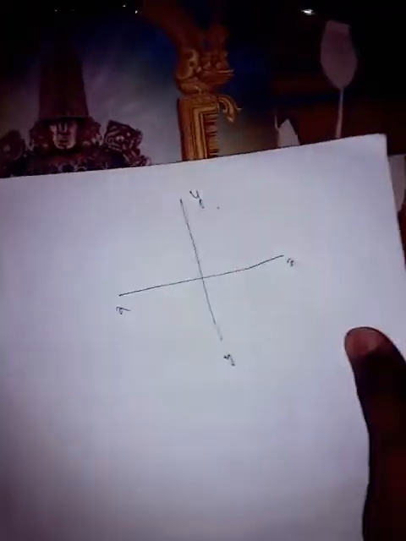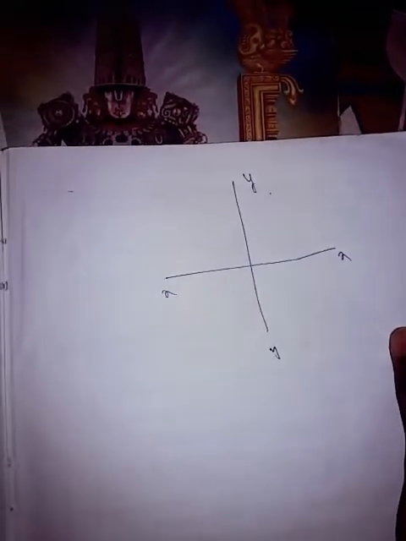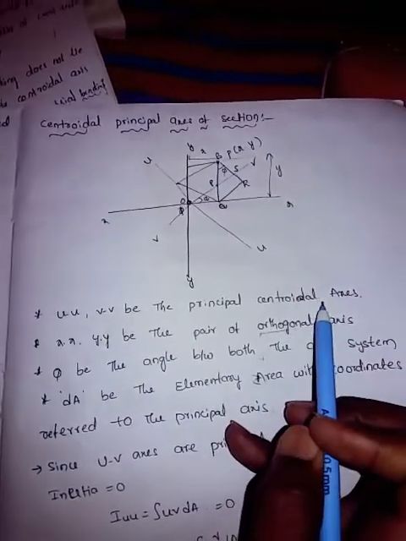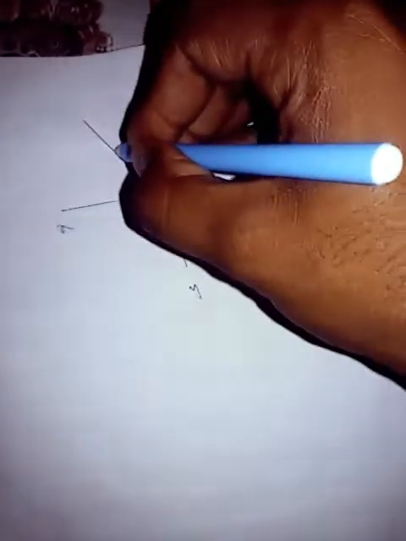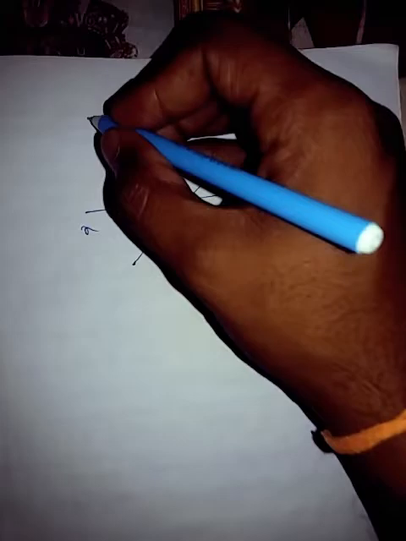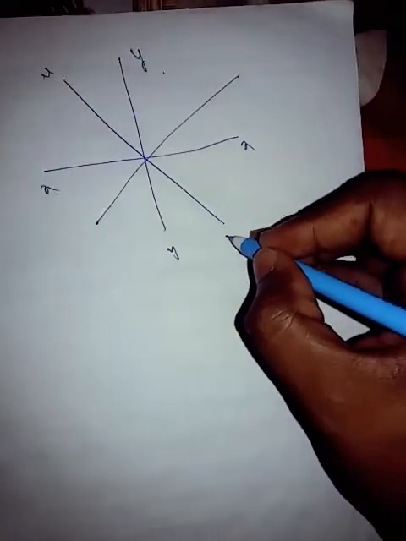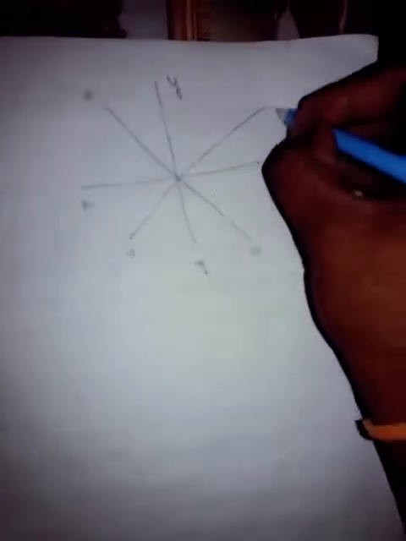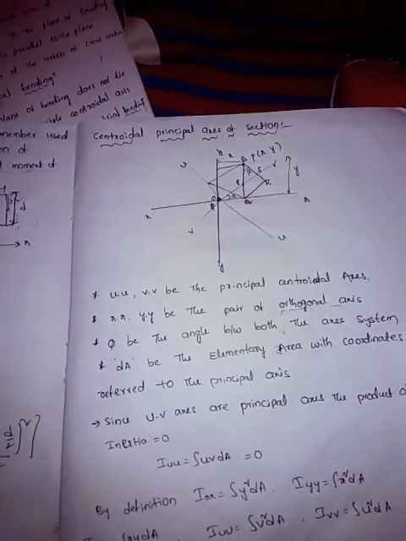We find out the centroidal principal axes. We take another uv principal axis. uv be the principal centroidal axes. Centroidal axis we have to write down like u, v.